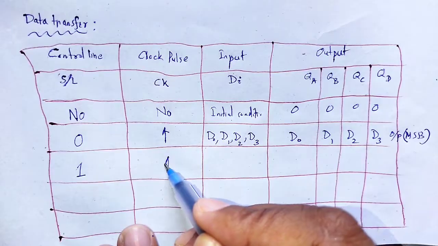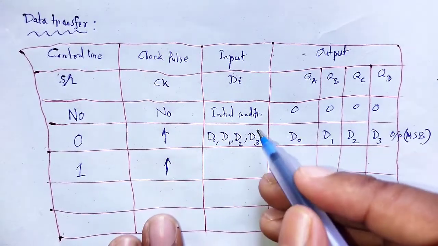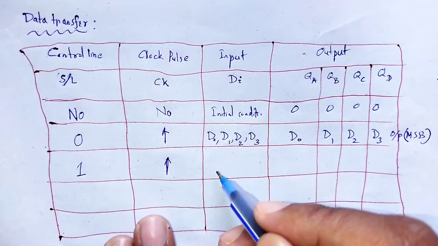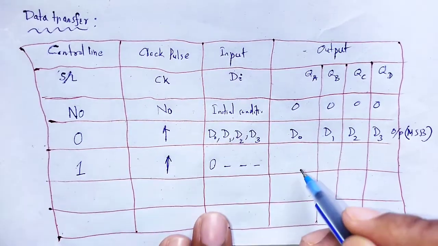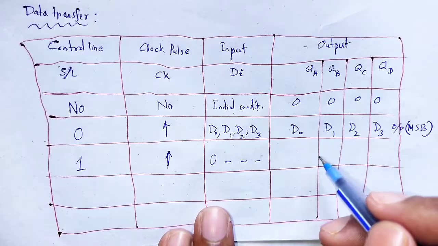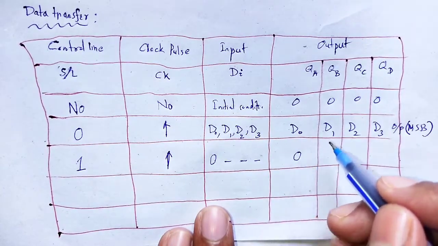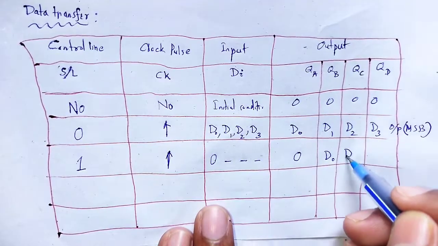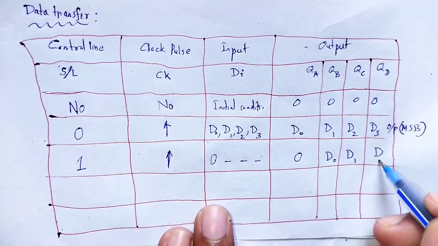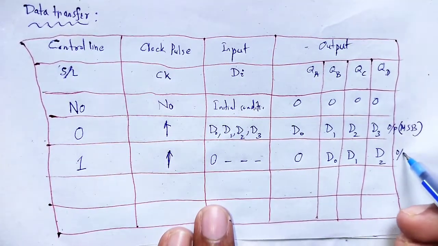Clock pulse is applied. Initial input 0, all are missing. So the output here we obtain 0, and it will be shifted to D0, D1, and output as D2.